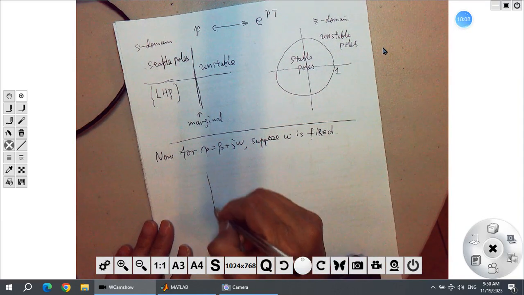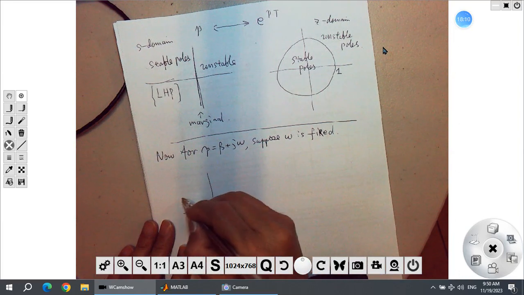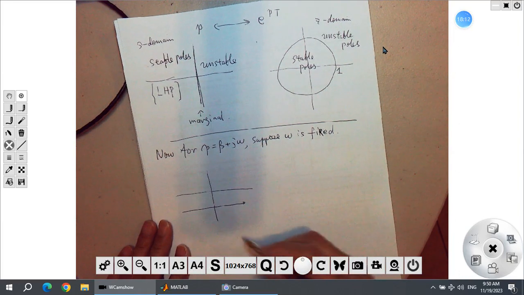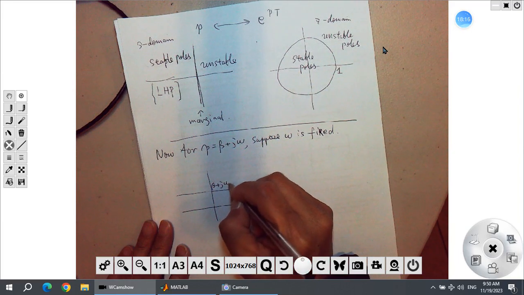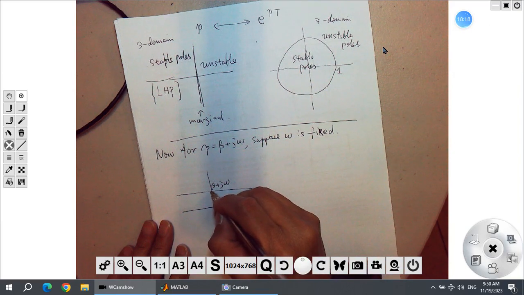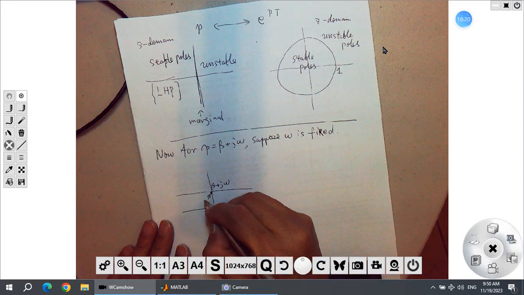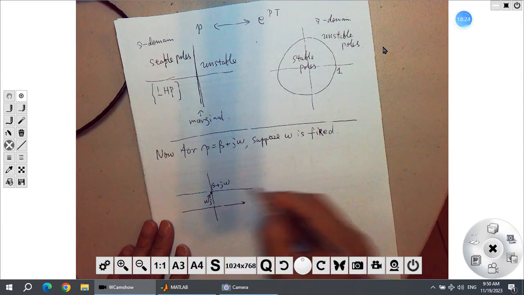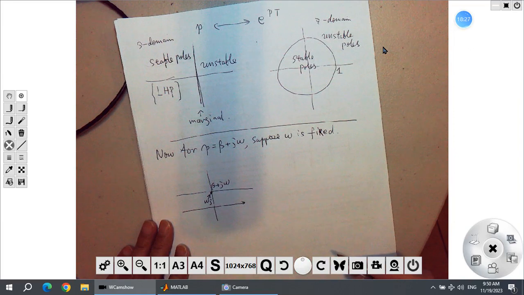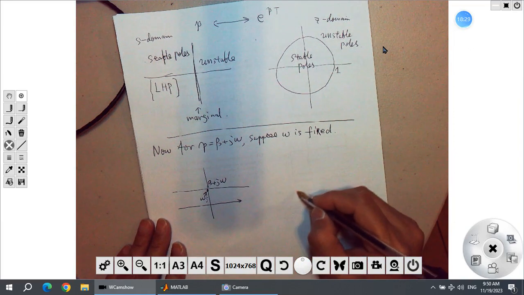So we will have things like this, right? Here's beta plus j omega. When omega is fixed, this is fixed, j omega, and beta is moving along this line, right?